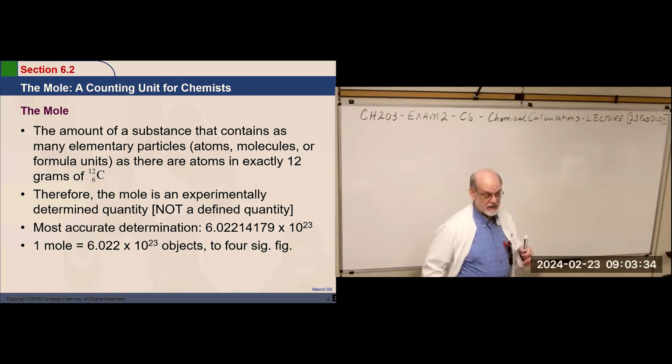By definition, this is the number of carbon-12 atoms. That isotope of carbon, that's the number of these atoms that it takes to make 12 grams. Okay? So if we have exactly 12 grams of that isotope, we know we have exactly that many atoms of this isotope.